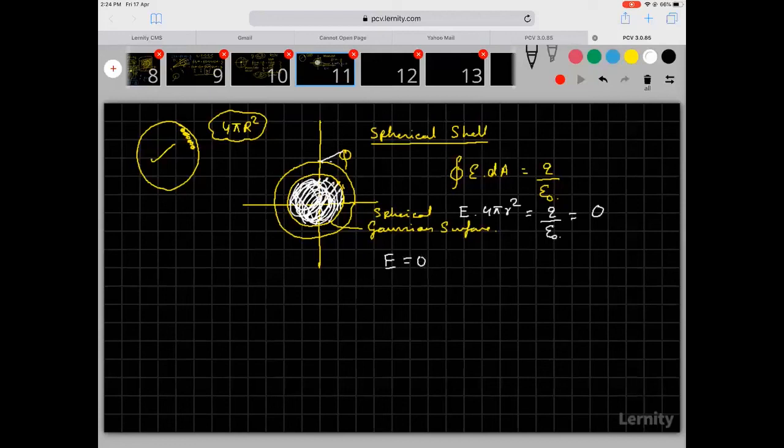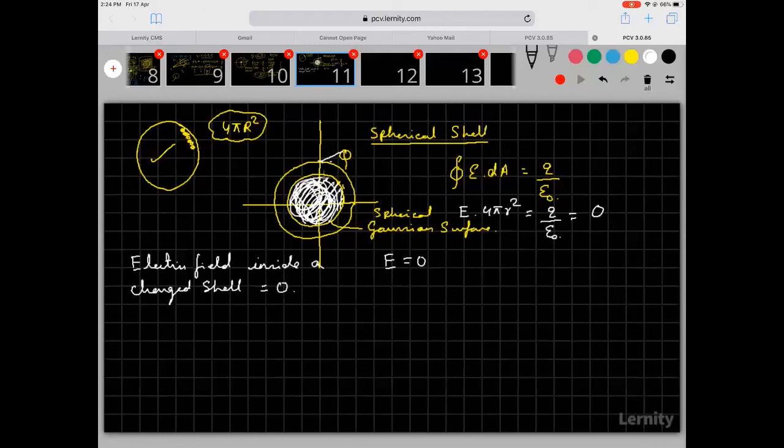So here I have proved that the electric field inside a charged shell is equal to 0. The electric field inside a charged shell is equal to 0.